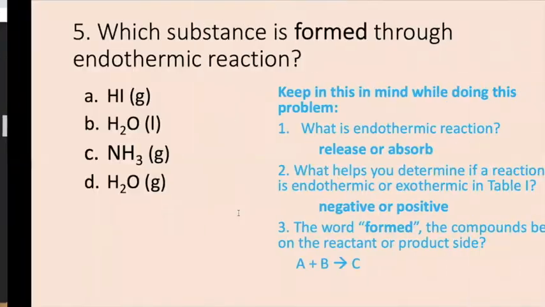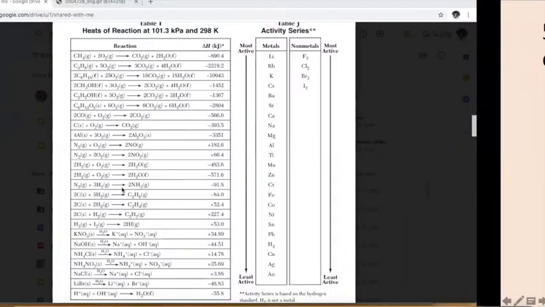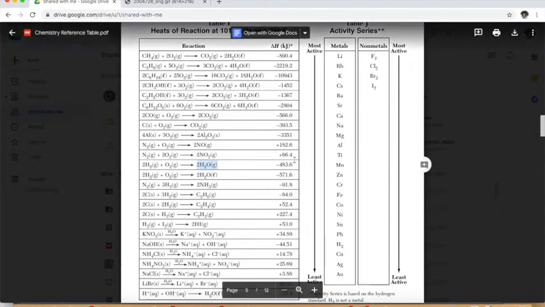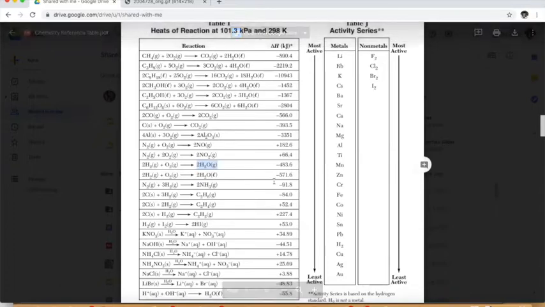And then we go back and we're going to look up the 3 others, H2O. There we are. Now, when you look at H2O though, you'll notice there's a gas and a liquid. So make sure you're looking at the correct one. For instance, H2O is liquid. When we have 1 mole, we're going to have half this number. And H2O is a gas. We're also going to have to half this negative number as well.